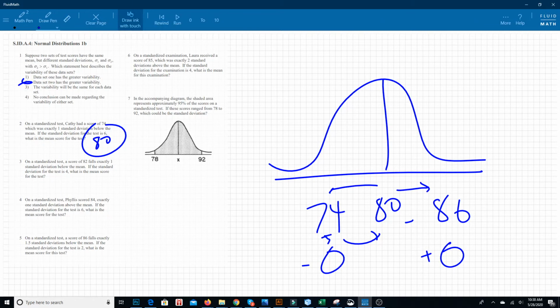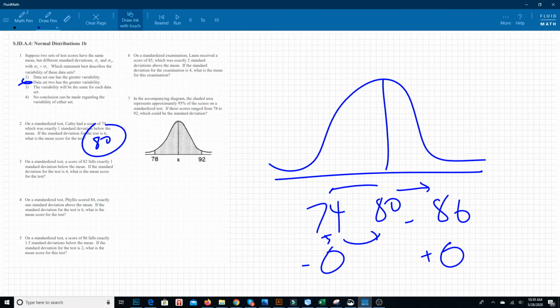Sorry. So on a standardized test, a score of 82 falls exactly 1 standard deviation below the mean.